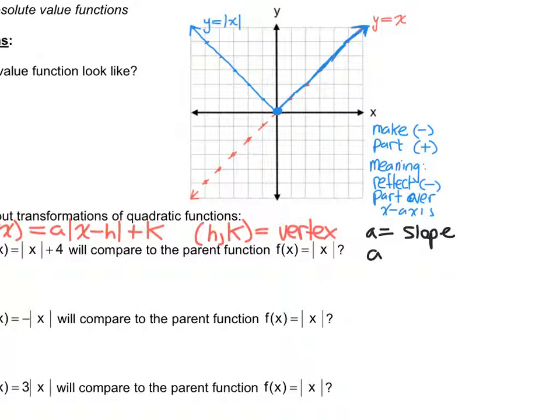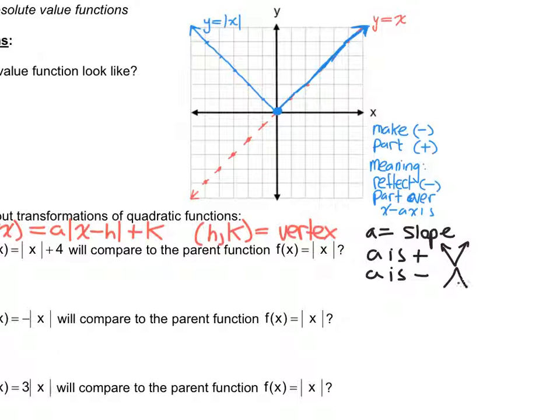Now, if a is positive, we have two possibilities. A is positive or a is negative. Well, what would happen in a parabola if the a value is positive? Opens upward. All right, so our absolute value function will open upwards. And in a parabola, if the a value is negative, it would open downwards.